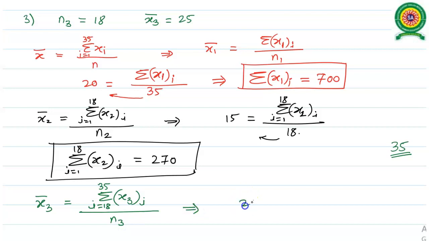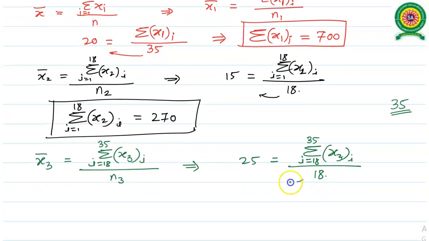The x3 bar value is 25, which equals the sum of the last 18 observations, i running from 18 to 35, divided by 18 observations. Shifting the 18 from RHS to LHS, the sum of the last 18 observations equals 25 into 18, we get 450.